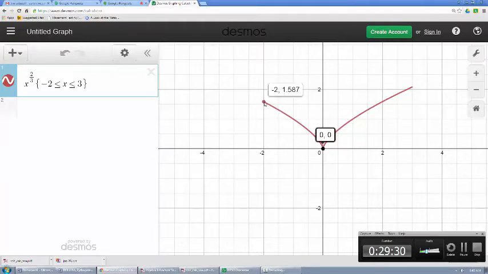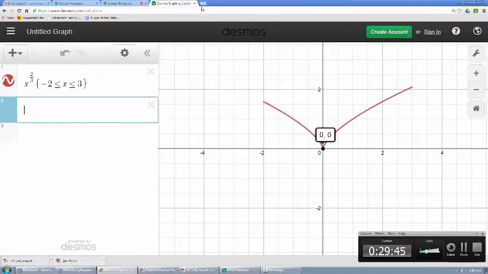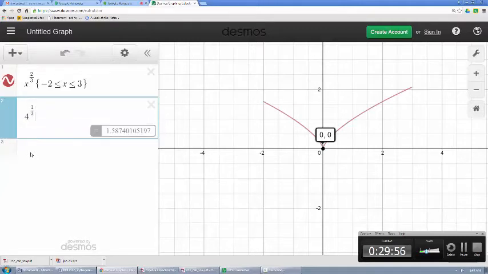If you type in the cubed root of 4, the cubed root of 4 is 1.587. If you type in the cubed root of 9, the cubed root of 9 is 2.08. The way you would type that in the calculator is, here, we can just type it this way: cubed root of 4, 4 to the 1/3 power, and then equals.